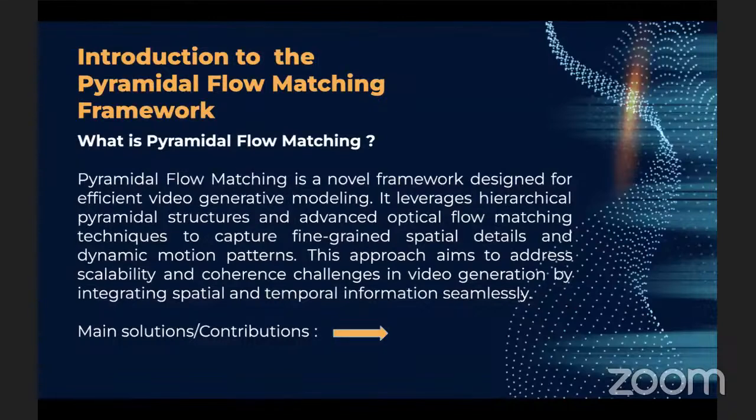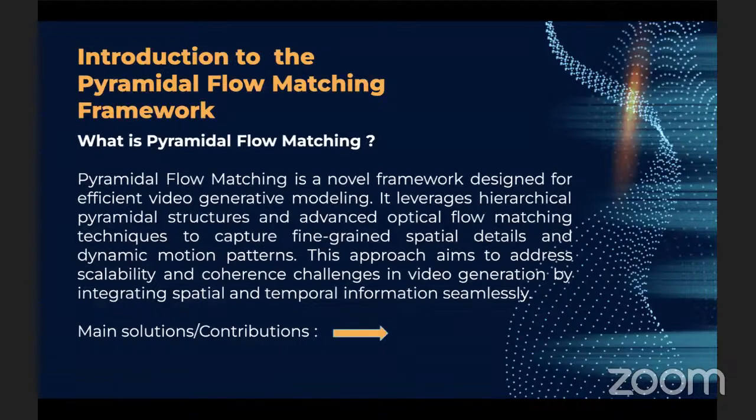Introducing pyramidal flow matching. What is pyramidal flow matching? It is a novel framework designed for efficient and high quality video generation. It utilizes hierarchical pyramidal structures to process video data with varying levels of detail, ensuring both efficiency and fidelity.